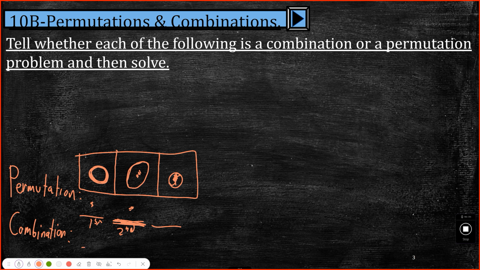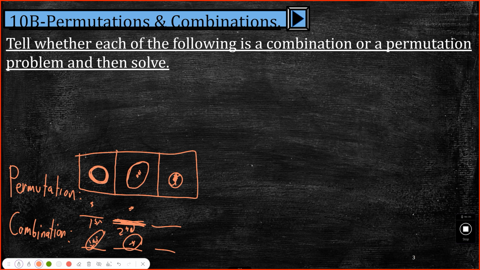Whereas when I say a combination, I say, just choose two out of the three to stay at home and watch. If you choose football or the Super Bowl, and you choose the soccer, you choose to stay at home. You're going to get a free pass to stay at home, and I'm not going to mark you absent. There's no difference between these two that you picked because you're just staying at home.